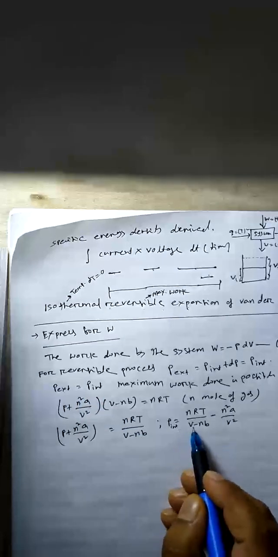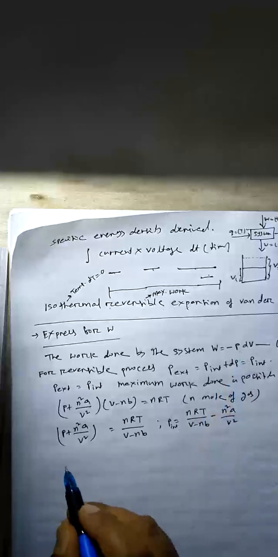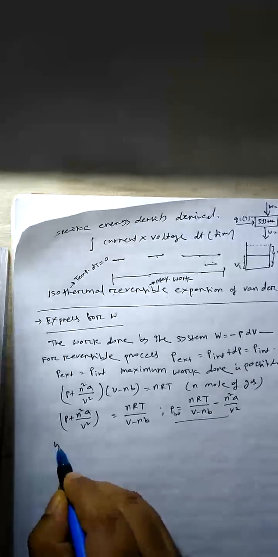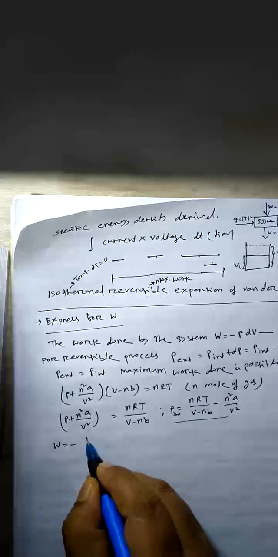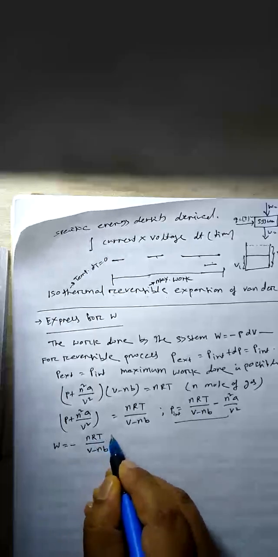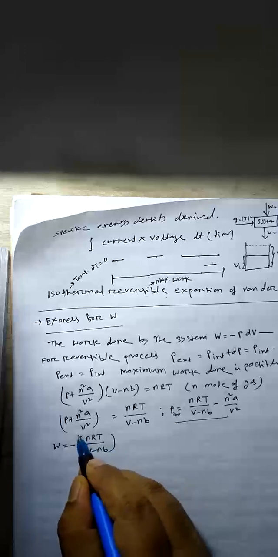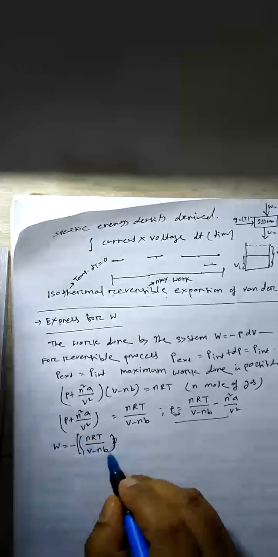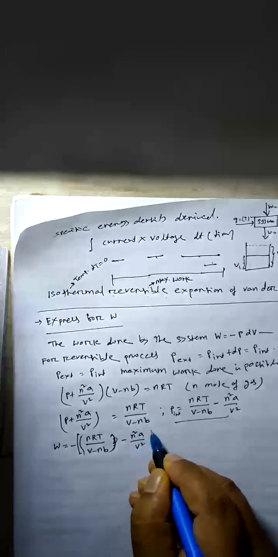Now put this external pressure, internal pressure, in equation 1. Substituting this P value in equation 1, then what we get? Now W is equal to, substitute this value, minus, now I put this value nRT divided by V minus nB, minus n square A by V square.